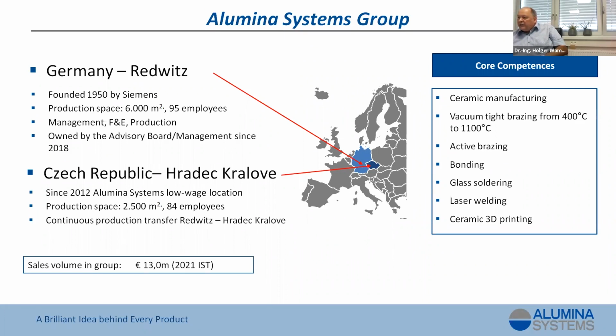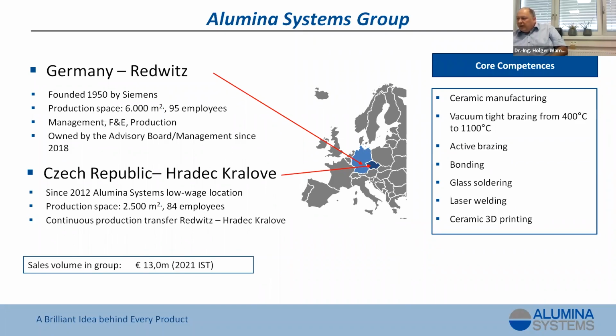Our core competency is that we are a ceramic producer. We have the ceramic manufacturing in-house, so we are producing more than 130 tons of alumina oxide per year and making components and parts out of that. Our core competency is to vacuum braze the parts together with metals.